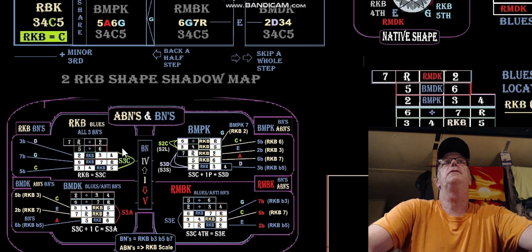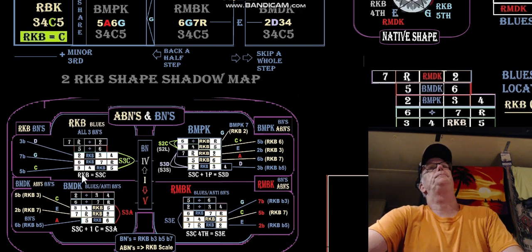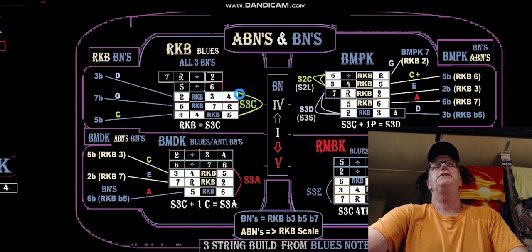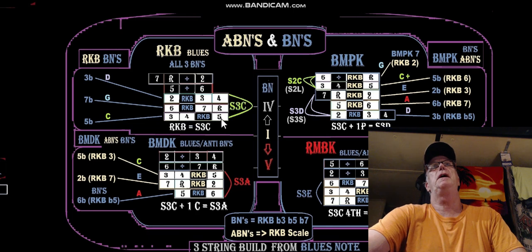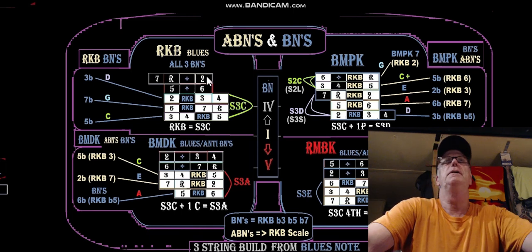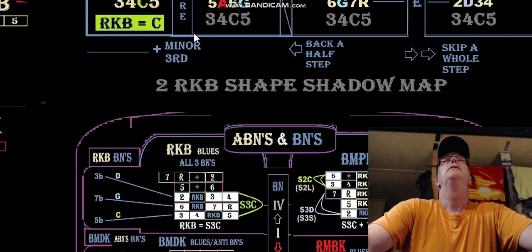Okay, so let's look over here. Our C string shape would be the 3-4-5 in the C shape, where we got 5, root 3, 5. This would of course be warped over up here on the top for the B string third. So we'll use a fretboard to talk about that.